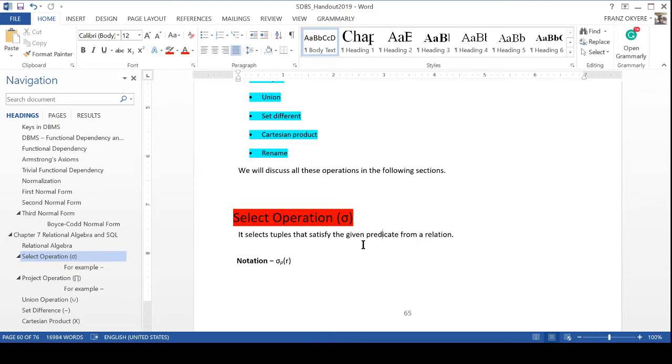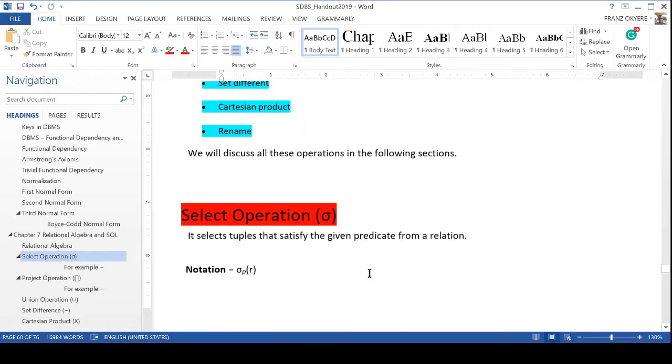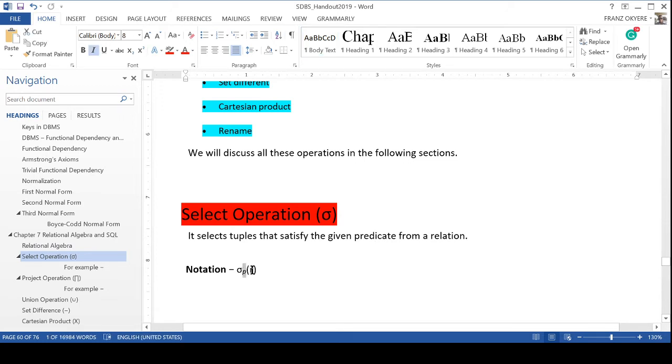So here we have subject and predicate being used in the field of databases. So the notation is this, that we want to actually select based on the predicate a certain relation.